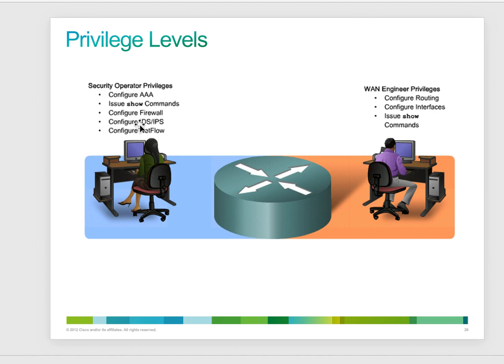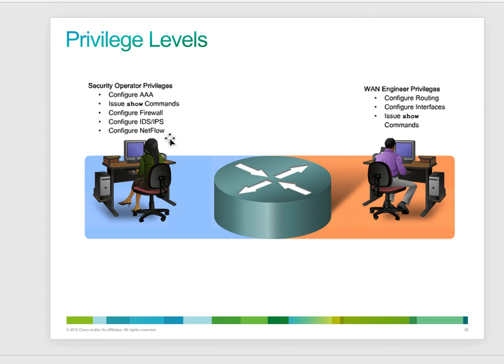So they should be able to have access to configure the firewalls, and then configure the intrusion detection services and intrusion prevention services. They should also be enabled or configured with NetFlow.